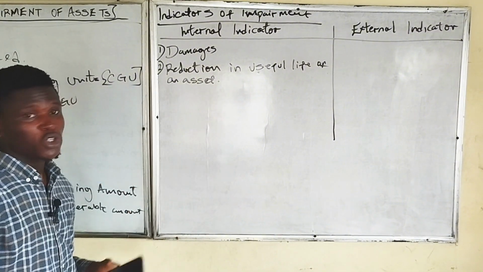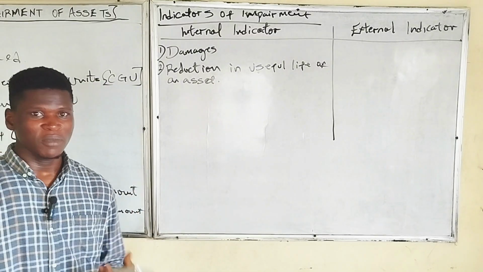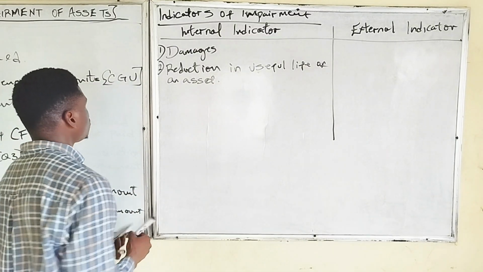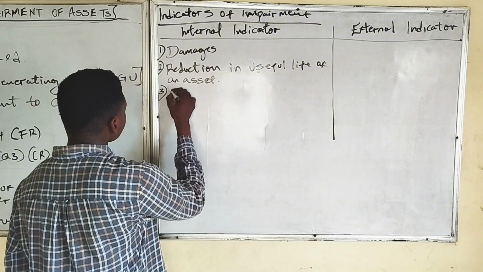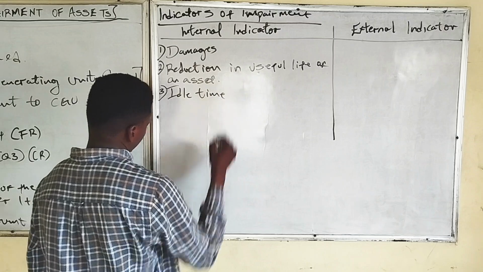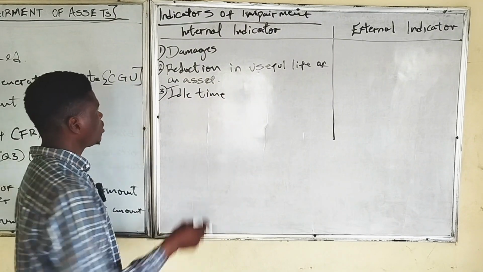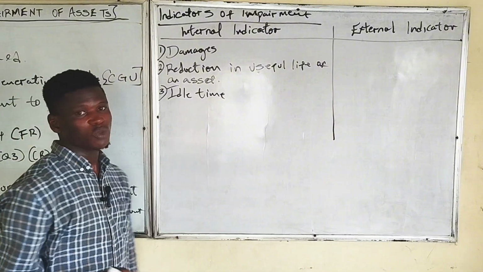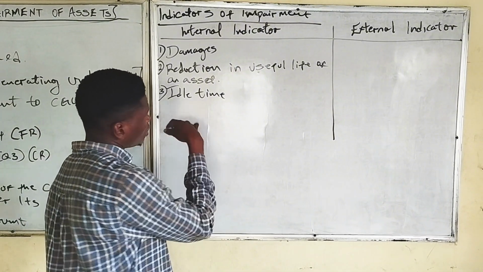So if there's a reduction in the useful life of an asset, then there is possibility of impairment on the asset. Another one is number 3, idle time. If assets should spend more time without being used, there's a possibility that this asset will be impaired.